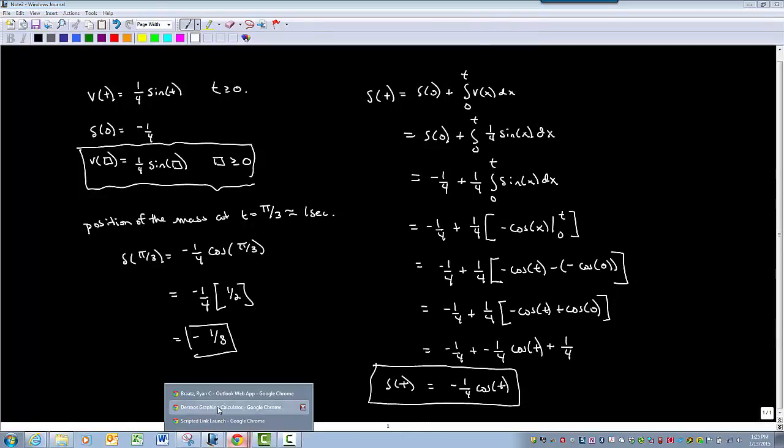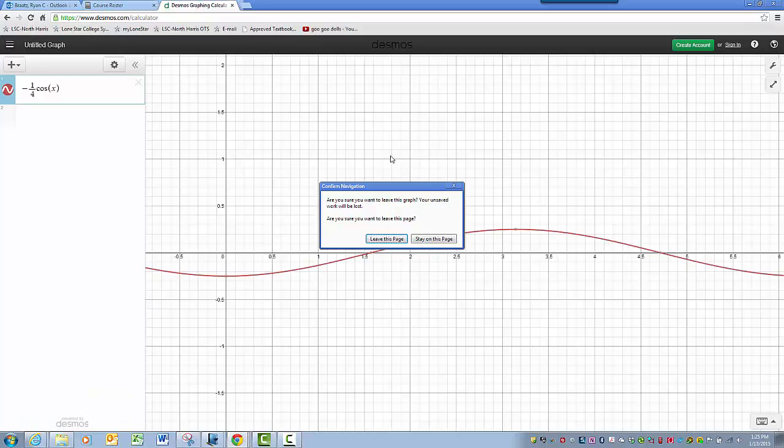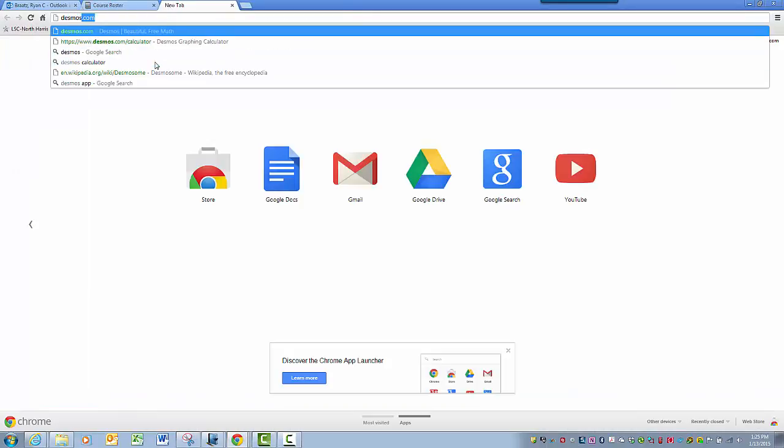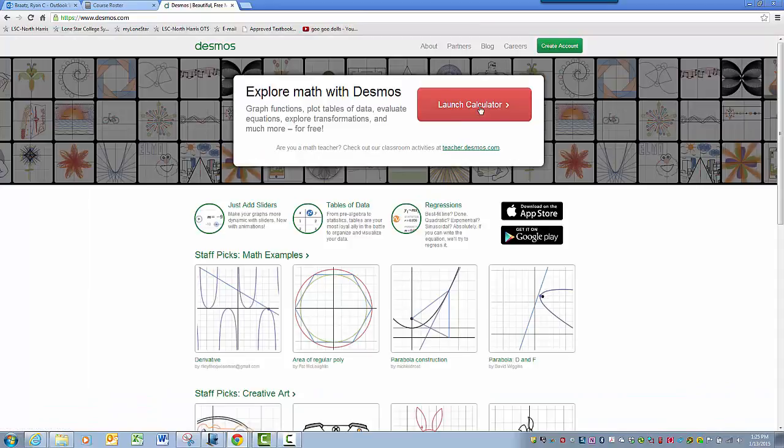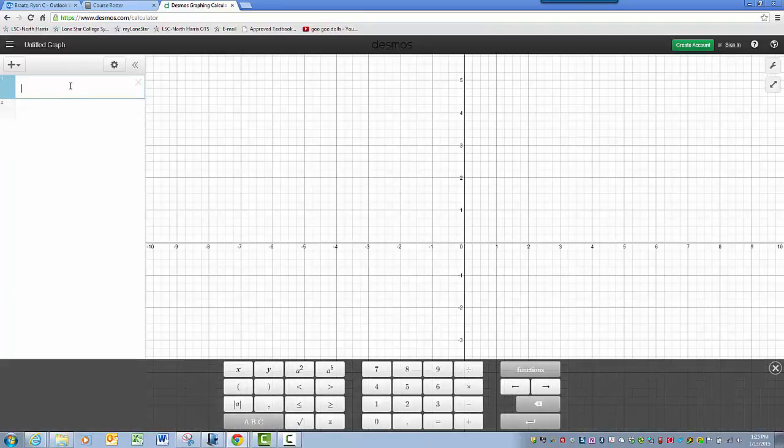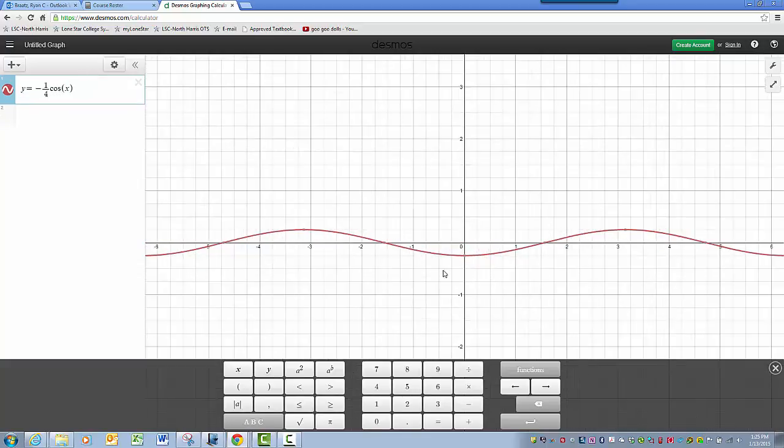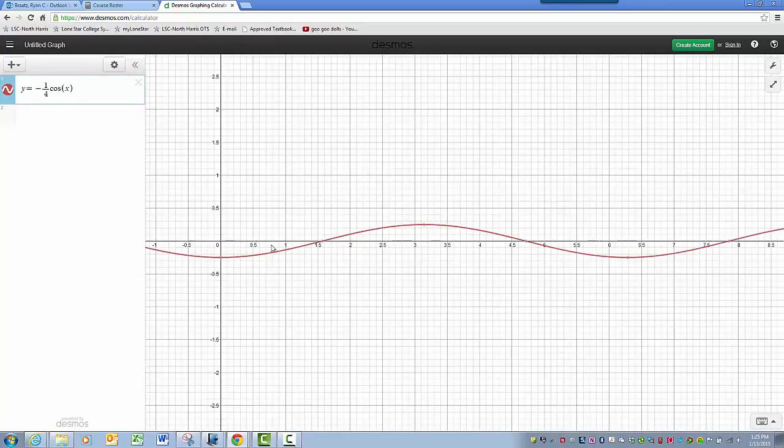I'll go to Desmos and launch the calculator. And so I've got y equal to negative 1/4 cosine x.